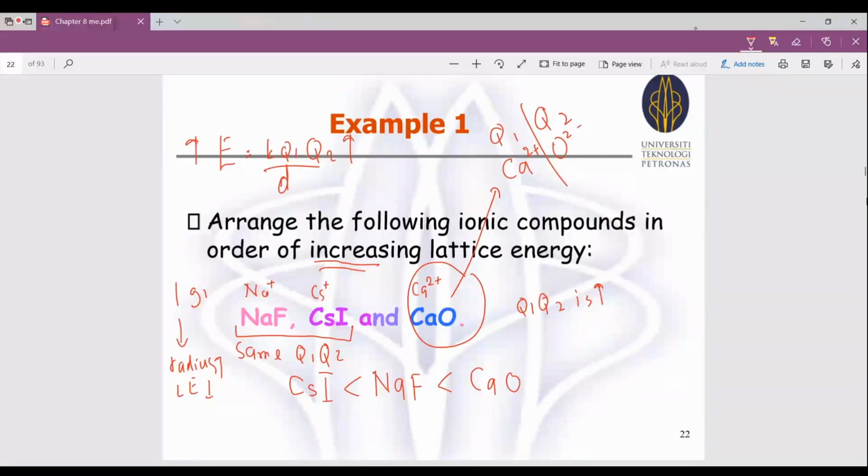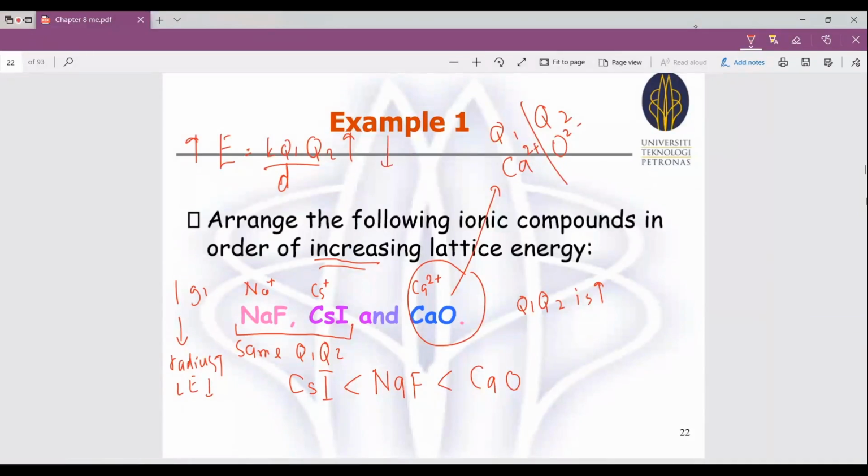That's why we choose CaO first, the highest energy compared to these two. These two have lower charge and therefore lower energy. So we choose this as the highest lattice energy, and then we look at these two, because same charge, same Q1, Q2, we look at them in terms of radius. Na and Cs down the group, what happened to radius? Radius increasing, thus energy becomes decreasing because inversely proportional.